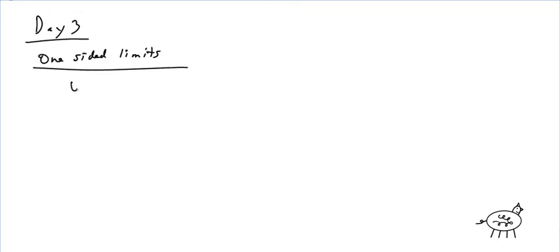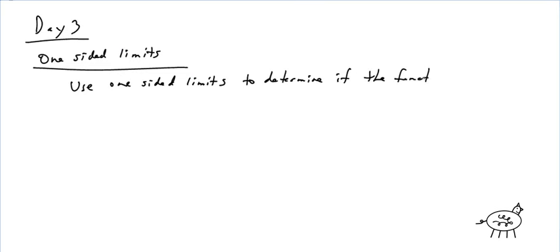All right, and we're going to use one-sided limits to determine if the function has a derivative at a specific point.